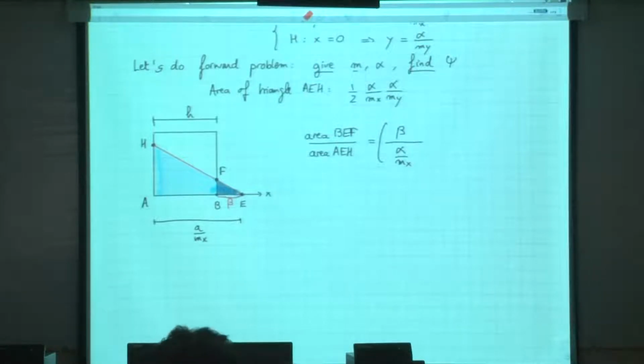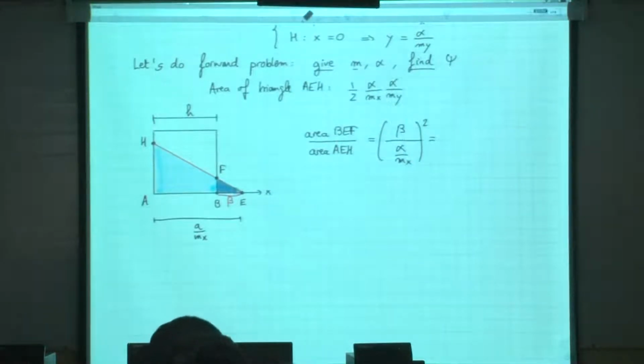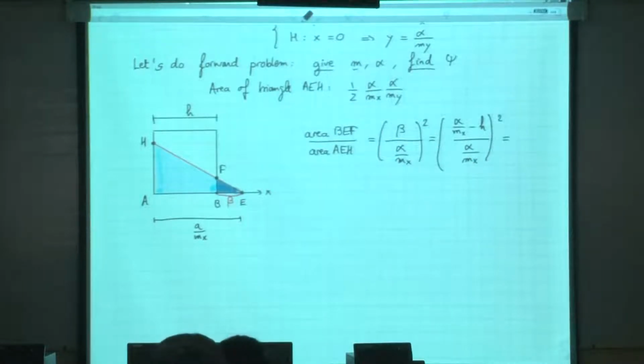This is just the simple ratio. Sorry, squared, right? We're working with areas. And that I can compute. This is just going to be alpha over m_x minus the cell size divided by alpha over m_x, all this squared, which boils down to (alpha minus h m_x) over alpha, squared.